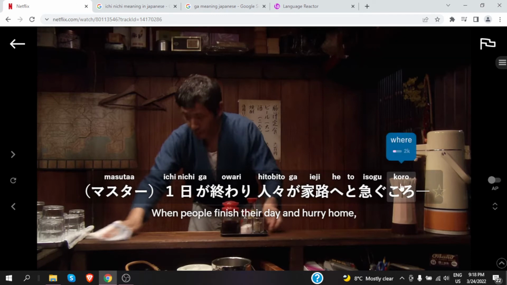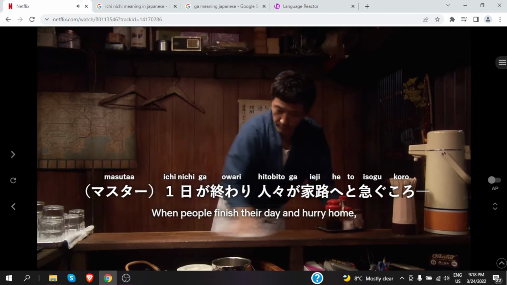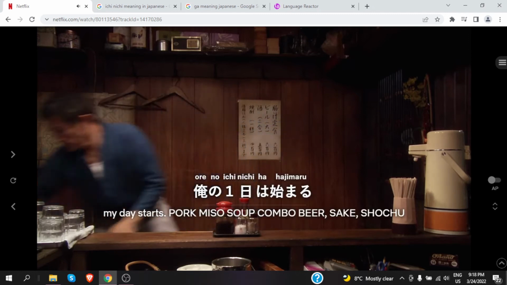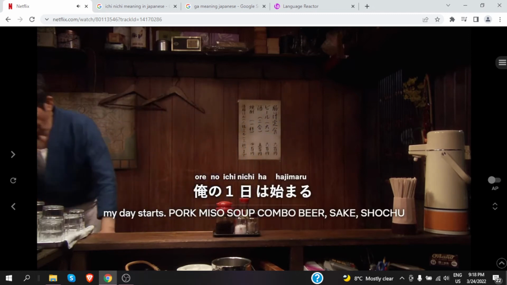Honestly, I don't know why this is put here, but the more you keep going, the more you see this pattern again and again. I'll eventually understand why that's put there, hopefully. Ore no ichinichi wa hajimaru.